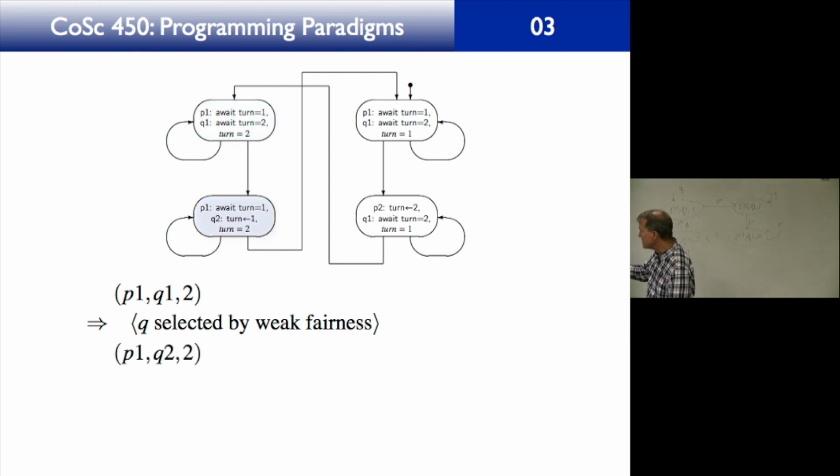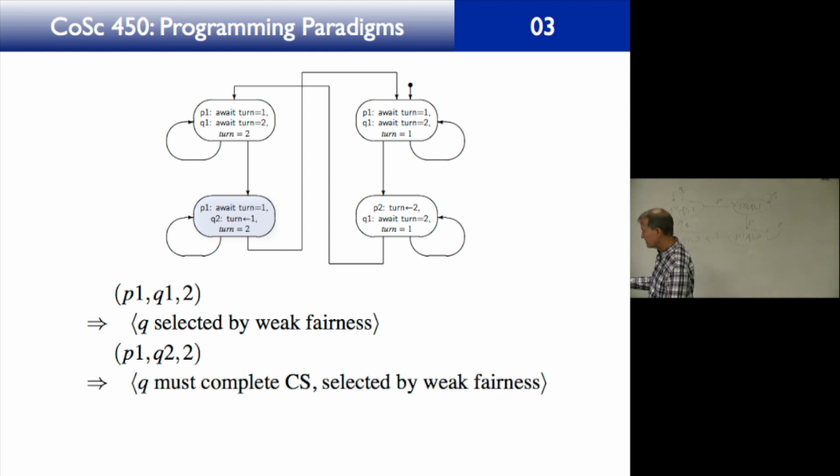That gets us to P1, Q2, 2. But when Q1 was in its critical section, what was one of the assumptions? Once it's in its critical section, it must complete. Once it completes, it will be selected by weak fairness, and we'll get back to P1, Q1, 1.